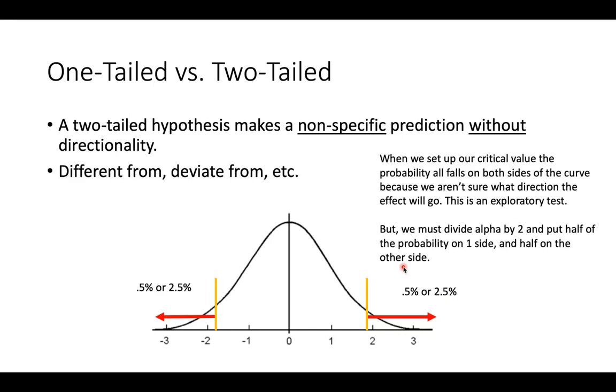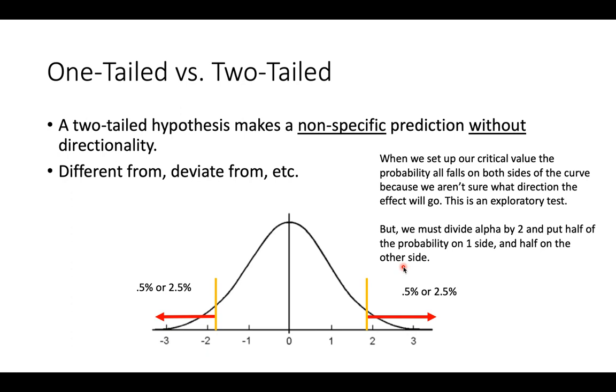Now, if we make a non-specific prediction without directionality, we have a two-tailed hypothesis. We call it tails because what we're looking for is area in the tail of the curve. So we have a non-specific two-tailed hypothesis, meaning the language of our hypothesis is non-directional.